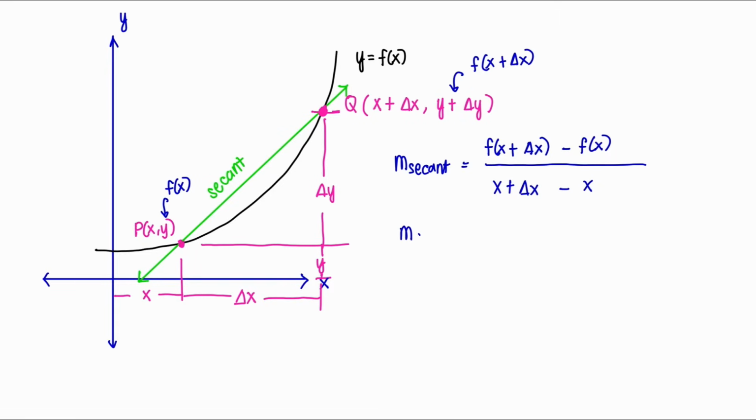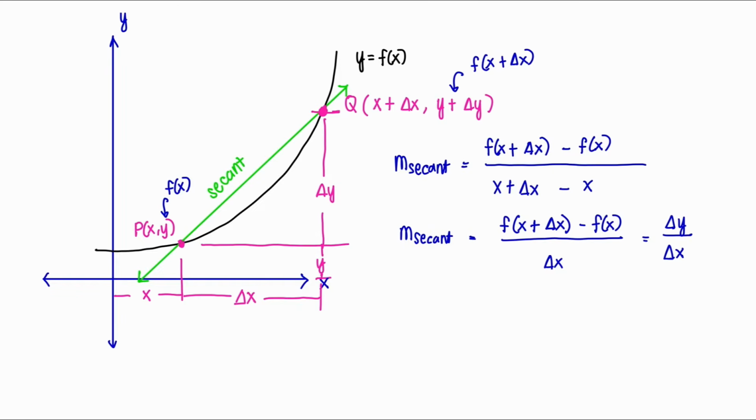So simplifying, the slope of the secant line is equal to f of x plus delta x minus f of x divided by delta x. Or in simpler terms, it's a rise over run. So that's just equal to delta y divided by delta x. That is the slope of the secant line.